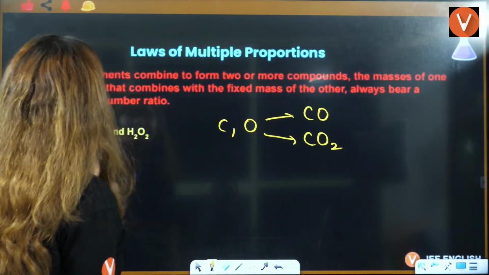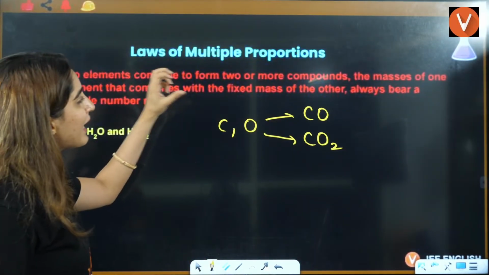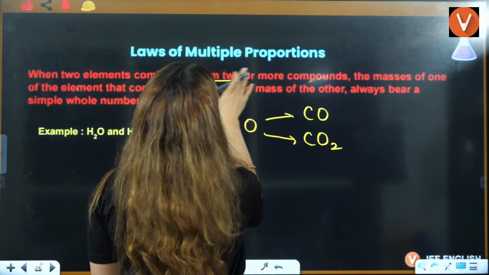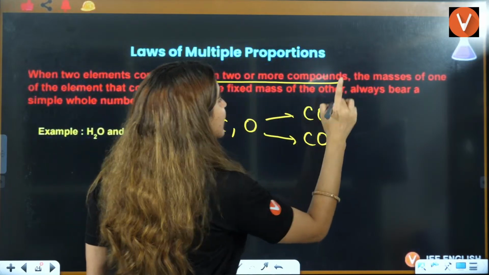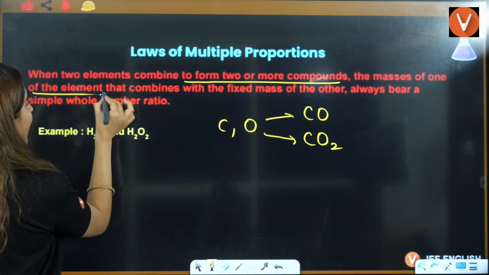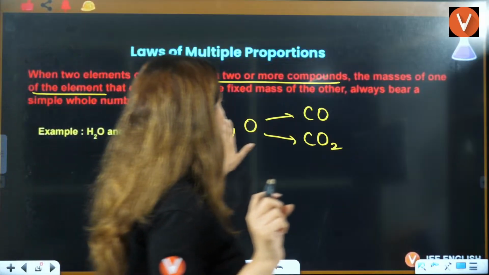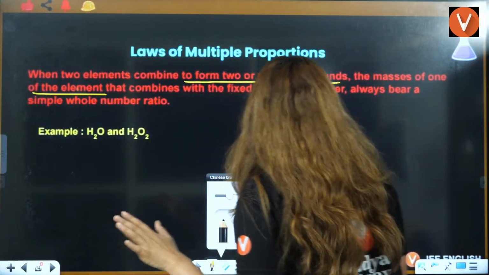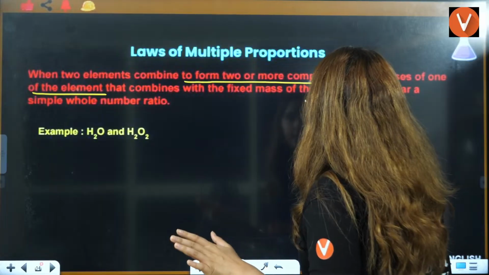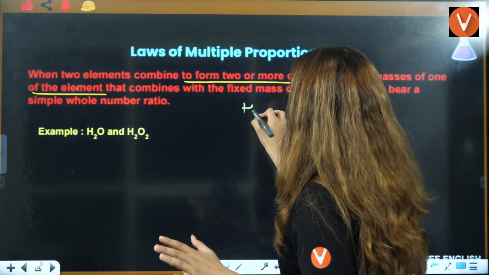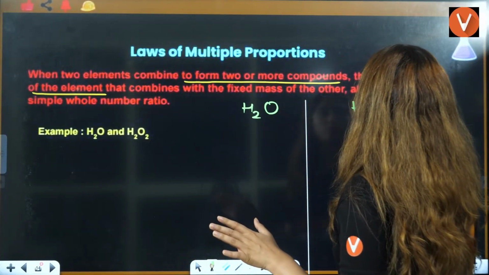So what do you mean by that? When two elements combine to form two or more compounds, then the mass of one of the elements that combines with a fixed mass of the other, now you have to see this, okay? So let's say you have two things here. One is H2O, the other is H2O2.